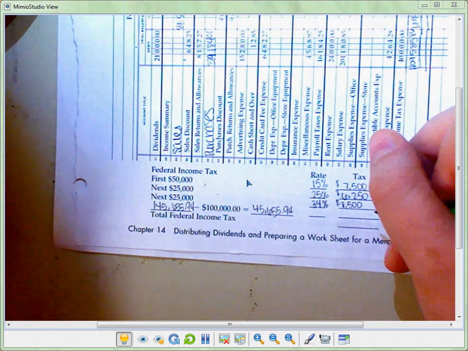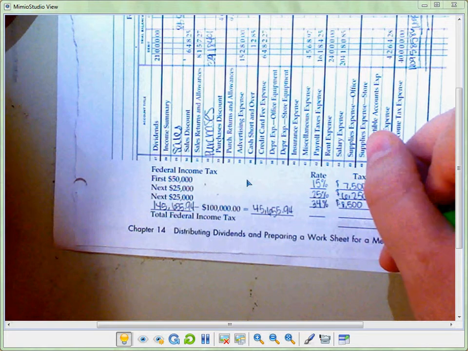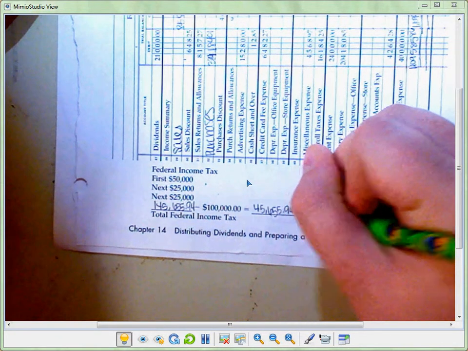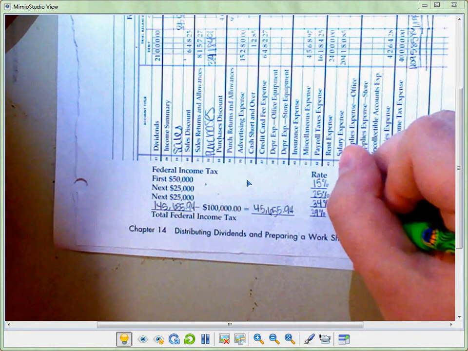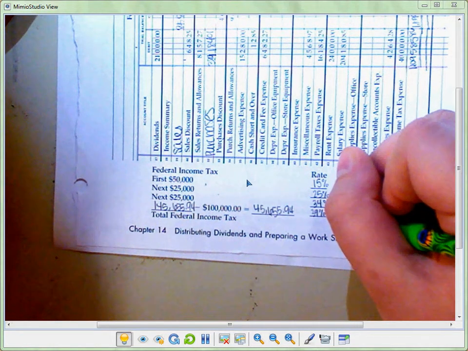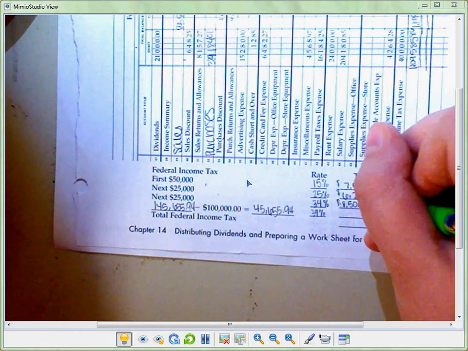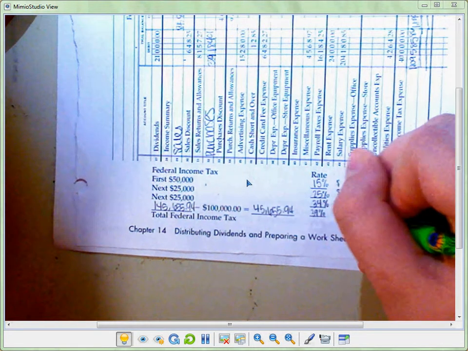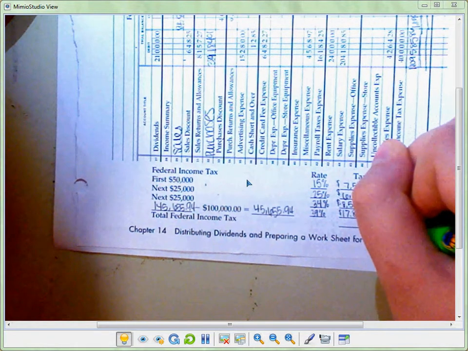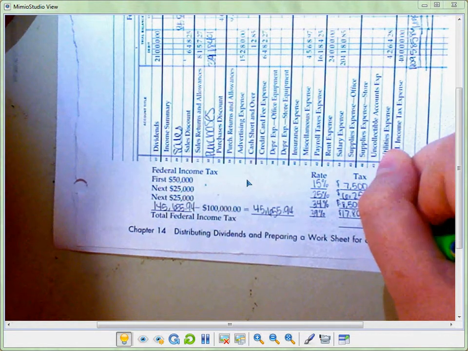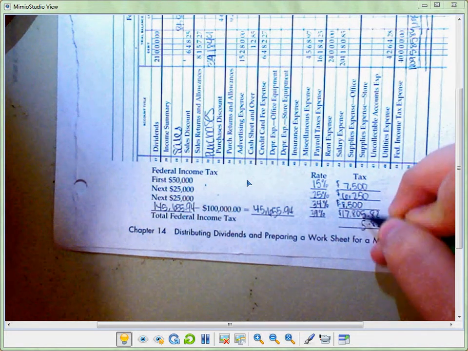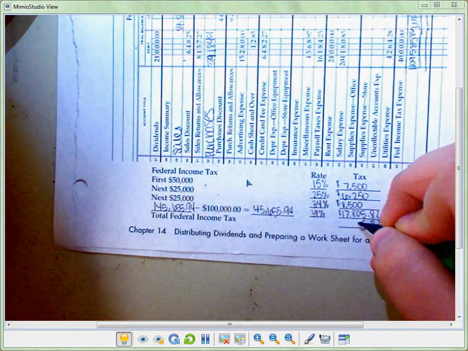So what's our fourth percentage? 39%. So you take the 39% times 45,655.94. Lindsay, what did you get? $17,805.82. Okay, then we're gonna add those up to see what is our federal income tax.